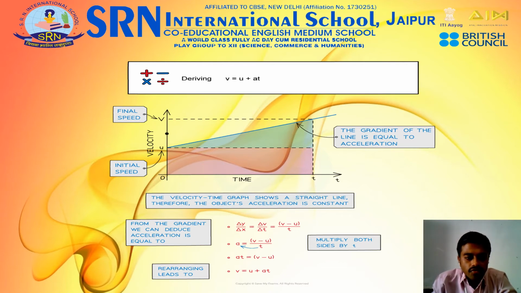Here we have a velocity versus time graph, in which we can see the shaded area in pink and bluish color. This area is the outcome of initial velocity. The body is moving with initial velocity, marked here as u.